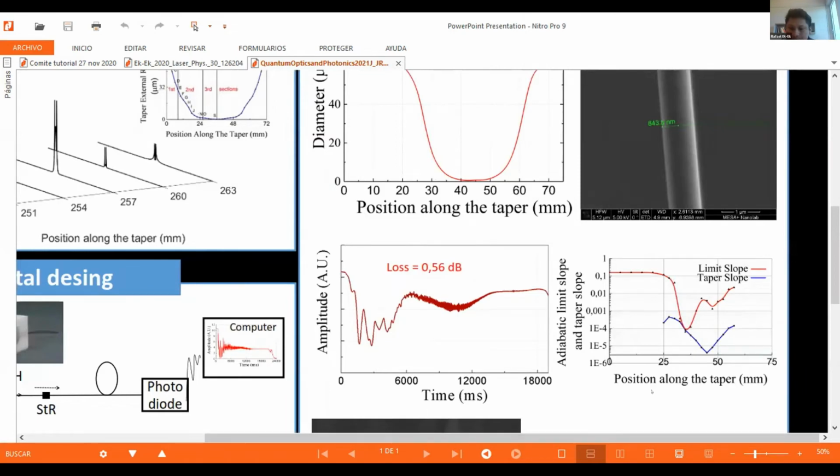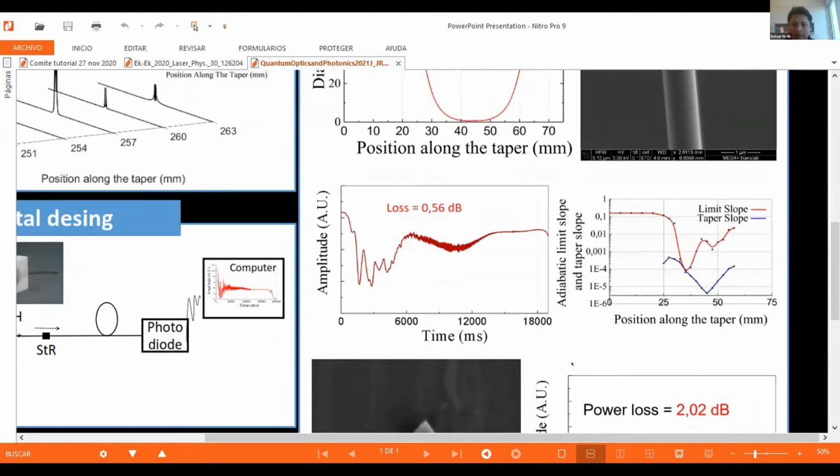We can prove that with this graph, because we also found the propagation constant, and we used the adiabatic equation, and we saw that the limit slope is not much higher than the taper slope, so it also means that it is not an adiabatic taper.